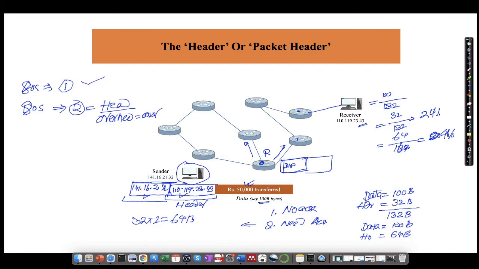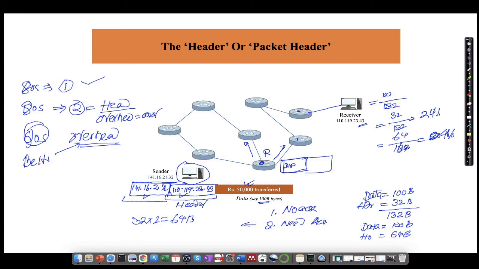That is why it is said that there is a trade-off between the QoS provided by the network and the overhead incurred in the network. The better the quality of services, the higher the overhead. We cannot achieve better QoS with lesser overhead. That is why there is a trade-off between QoS and the packet overhead.